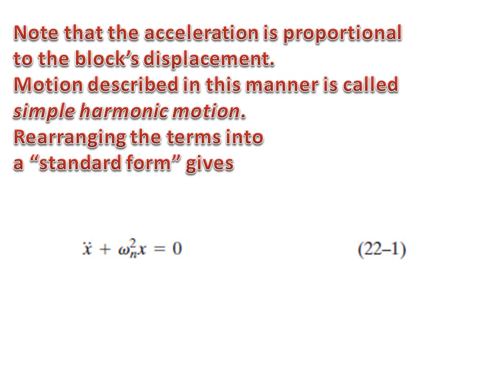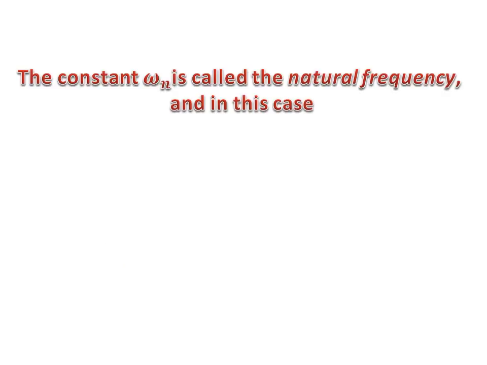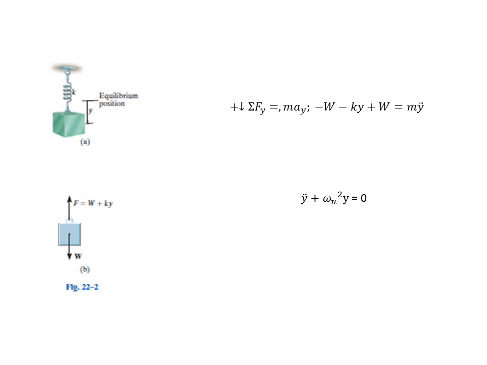From the previous equation, we have the value of k and the value of the mass, related to the so-called natural frequency. So the natural frequency is the square root of k over m. Since we factored it out as k over m, therefore omega n squared is k over m.